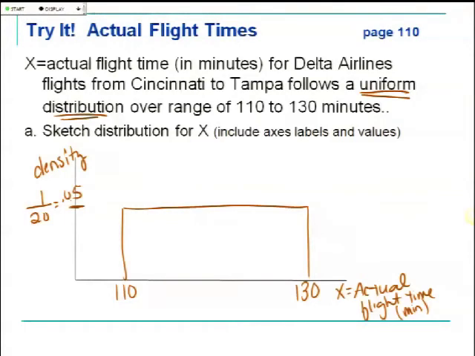All right, can someone tell me what the expected flight time will be? What's the expected flight time, or the mean flight time? What is it? 120? Midpoint? The true mean, or the expected flight time, is 120 minutes.